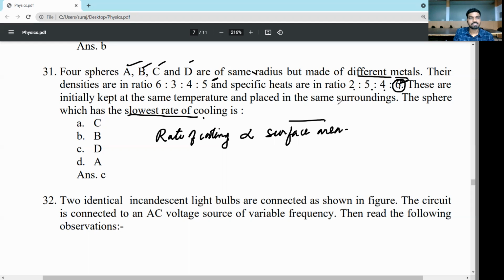So obviously, it will cool down slowly. Yes.